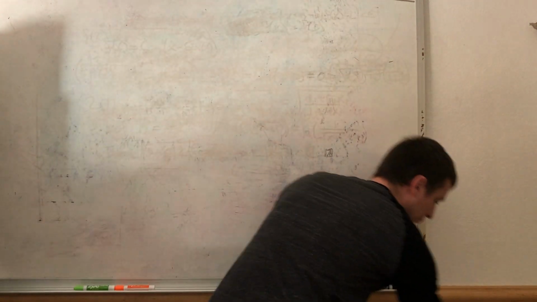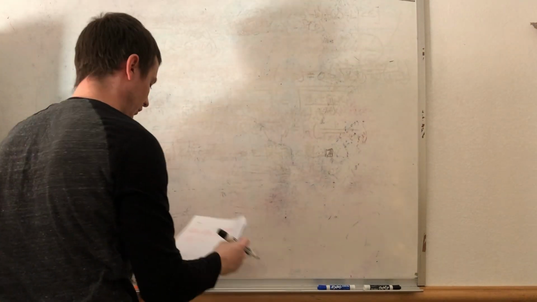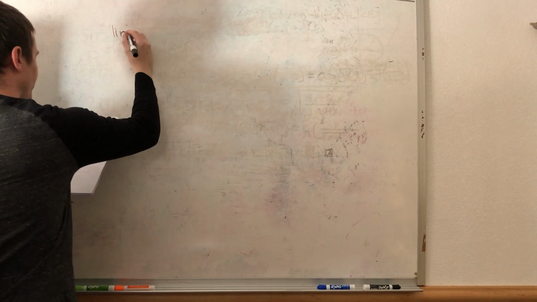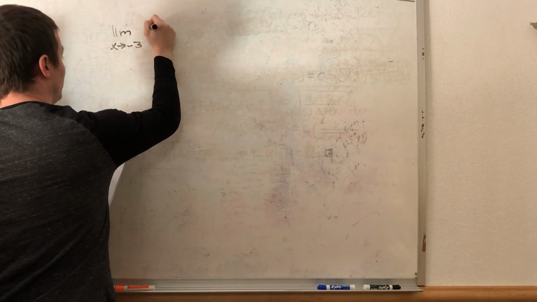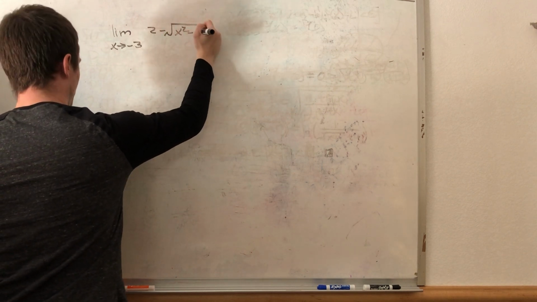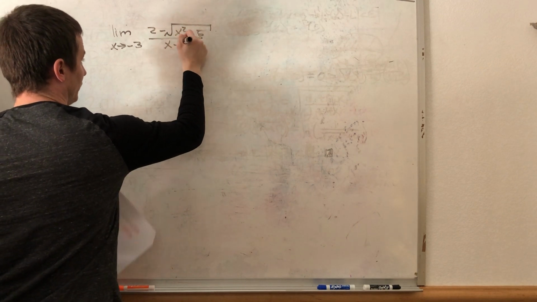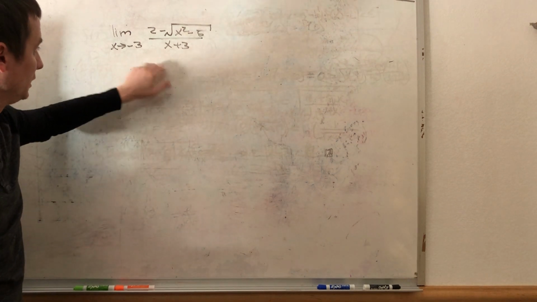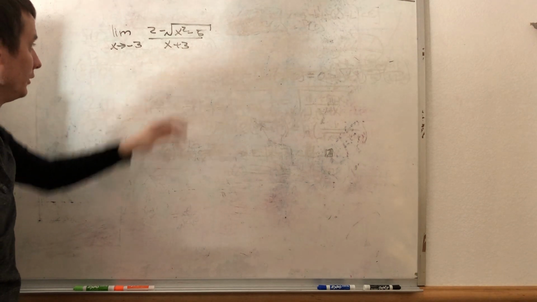We're just trying to evaluate a limit of some given expression: the limit as x approaches minus 3 of 2 minus the square root of x squared minus 5, all over x plus 3. Notice right out the door that we can't just plug in, because when we plug in negative 3 for x, we're dividing by 0, which obviously we can't do.